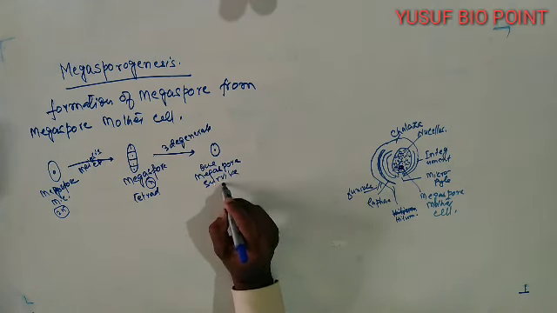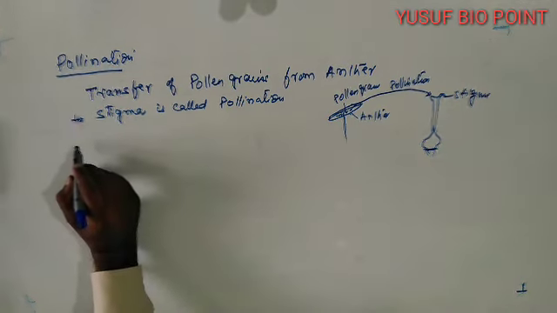The process is known as pollination. Means transfer of pollens or pollen grains from anther to a stigma is called pollination. It is of three types.